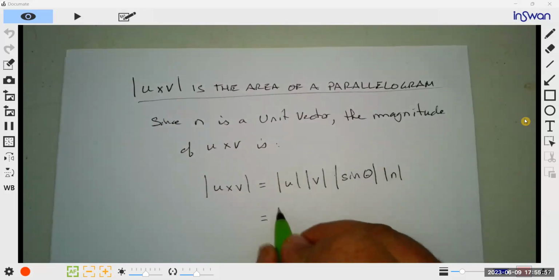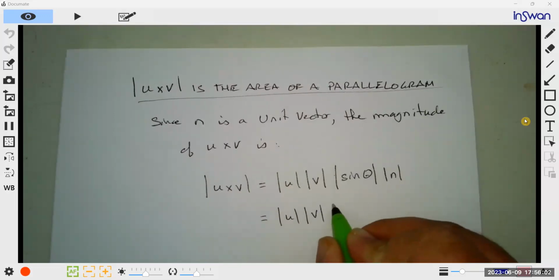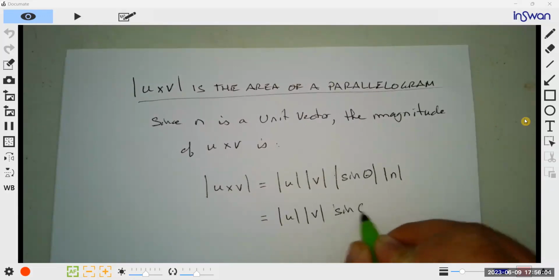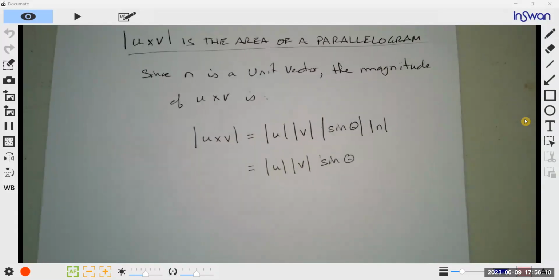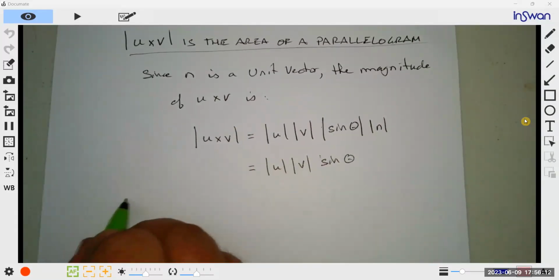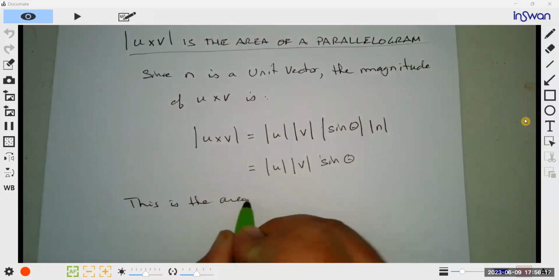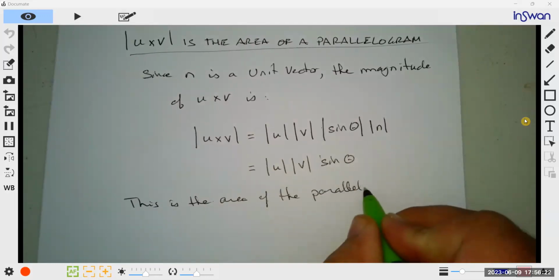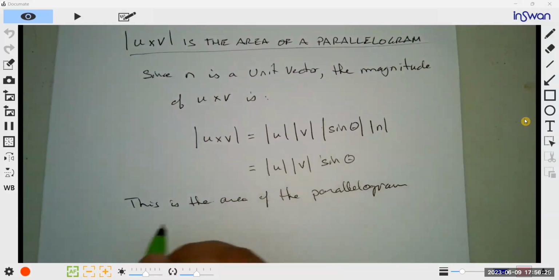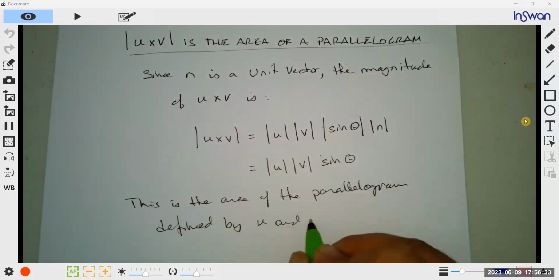Or just look at it as the magnitude of u, magnitude of v, times sine of theta. This is the area of the parallelogram defined by u and v.